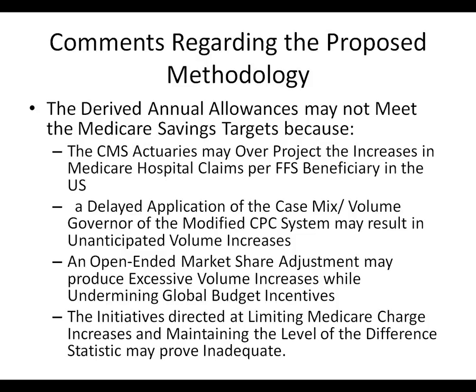I'm not suggesting that it's a bad thing. All I'm suggesting is that if the system is to work successfully, by which I mean it meets both waiver tests, then it's very much in the interest of the industry to maintain this different statistic at as high a level as possible, which means that it must adopt initiatives that focus on Medicare utilization.